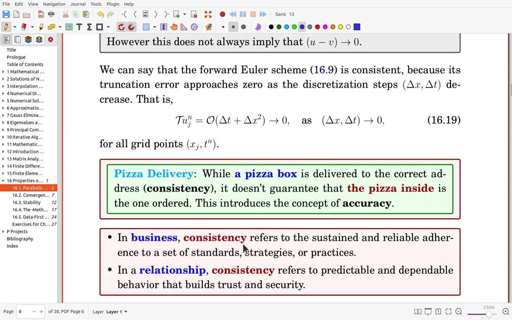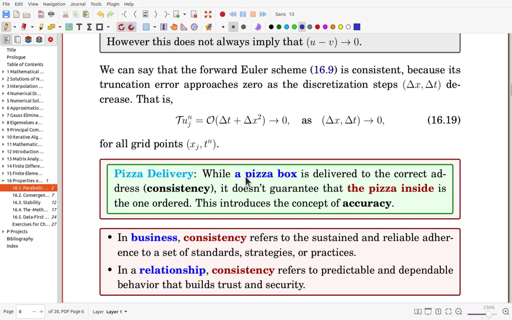Okay, to understand consistency better, let's see this in pizza delivery. While a pizza box is delivered to the correct address, that is consistency. It doesn't guarantee that the pizza inside is the one ordered. And this introduces the concept of accuracy.